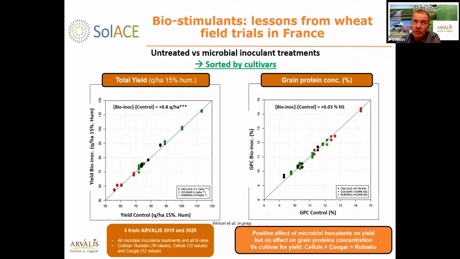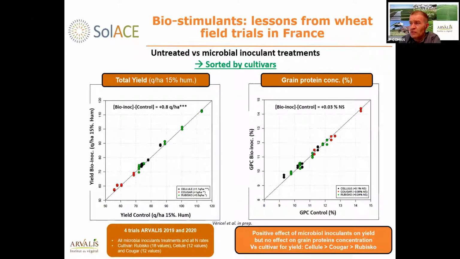So if the point is under the black line, it means that when you apply the bioinoculant, you obtain less yield or grain protein content compared to the control. And if the point is above the black line, it means that the bioinoculant has a positive effect on yield or grain protein concentration.